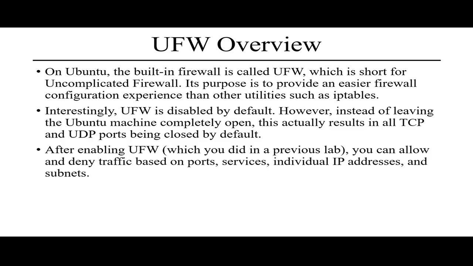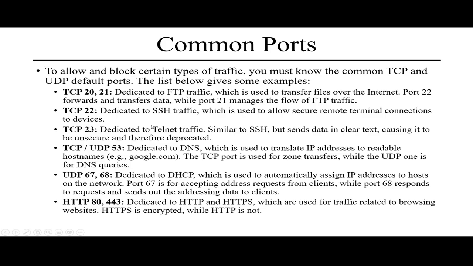But after you enable it, you can allow and deny traffic based on ports, services, individual IP addresses, and subnets. I do list some common ports here, not really necessary knowledge for this course per se.